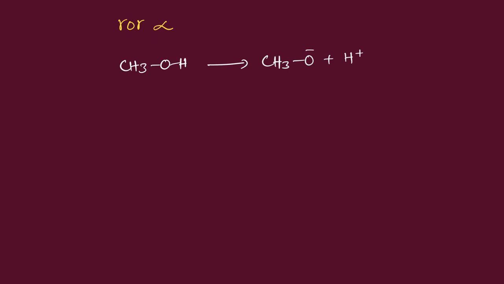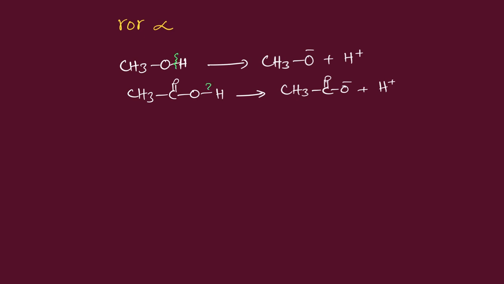Now I am taking one more, that is CH3 C double bond O, OH. This will break and convert into CH3 C double bond O, O minus plus H plus. Here the number of bonds broken is the same.